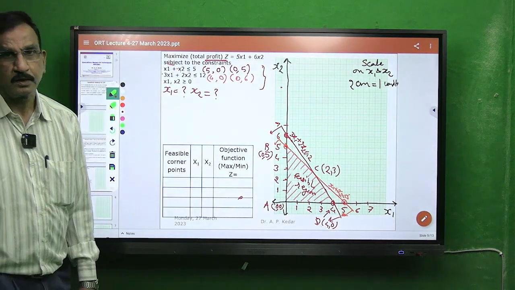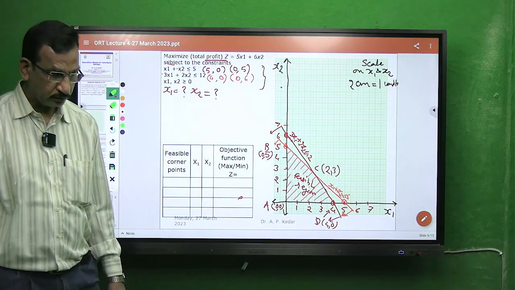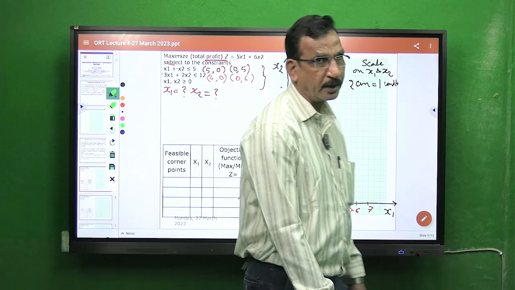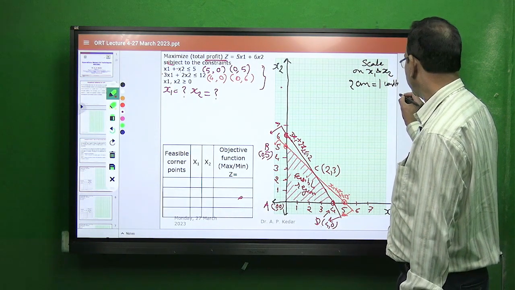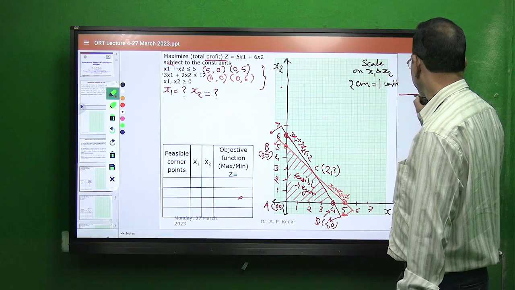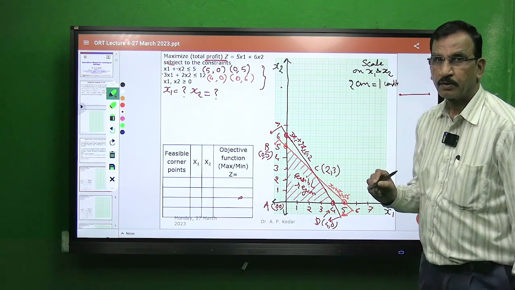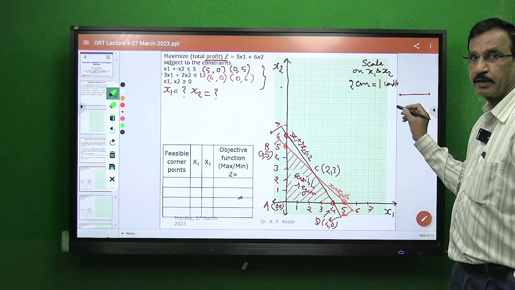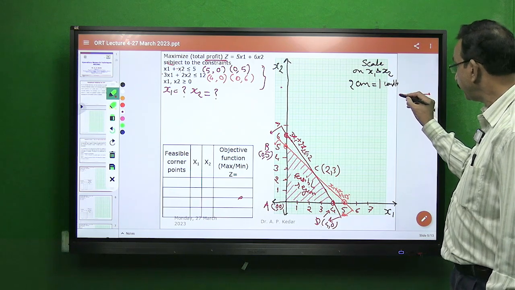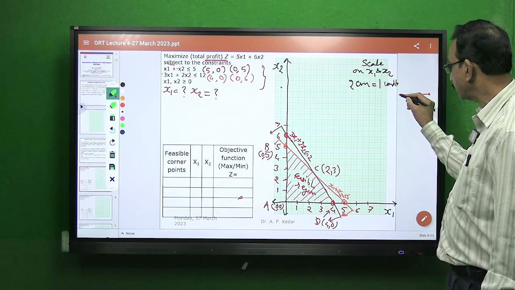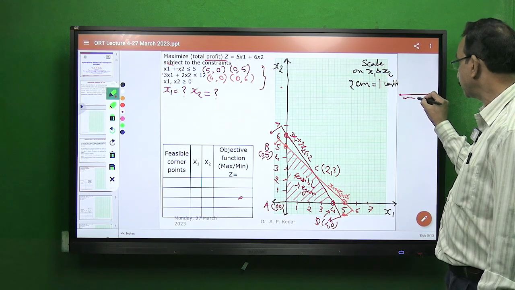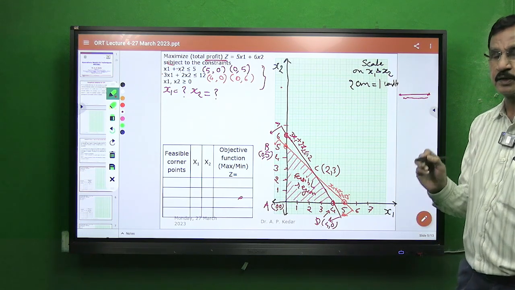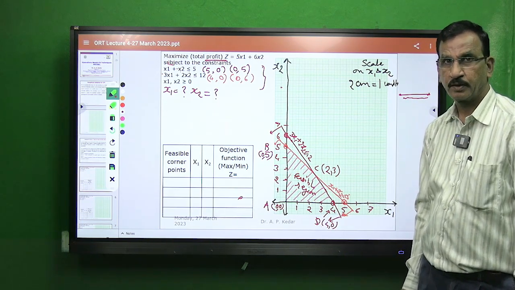But as per a mathematical corollary, we know a simple principle: if this is the segment, and if the endpoints of the segment satisfy the condition, the remaining in-between points automatically satisfy the conditions.